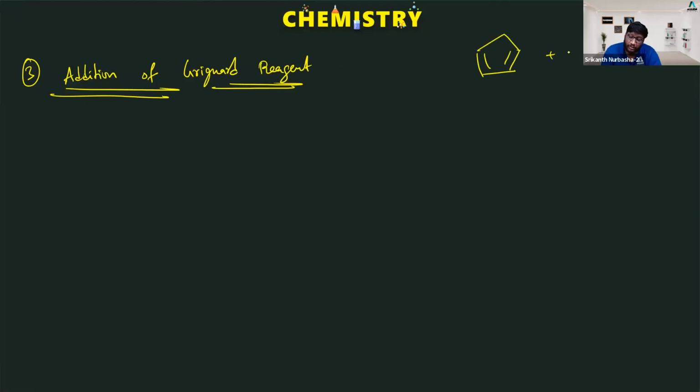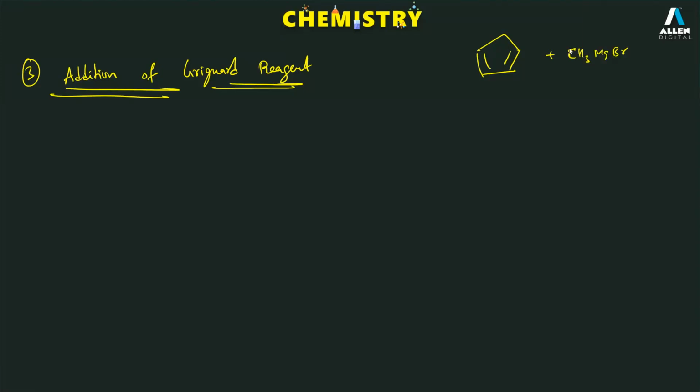For this compound, if I take CH3MgBr, will it react as a base or as a nucleophile? Try to answer. You're answering right correctly only. That's why I'm giving an example.